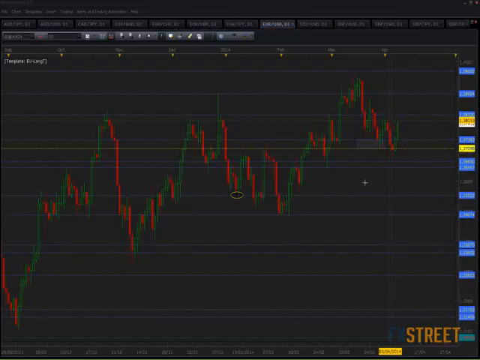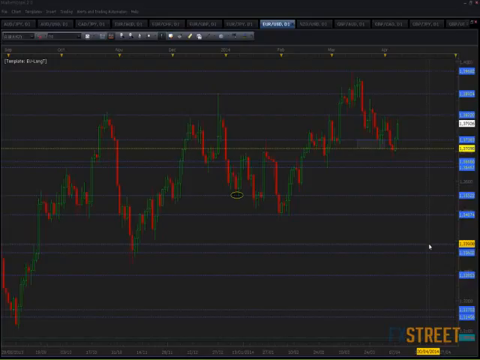But if you ask me which one I would take to go long, the euro or the pound versus the dollar, I'm going to favor, obviously, pound dollar, because the chart is telling me it's a stronger uptrend.